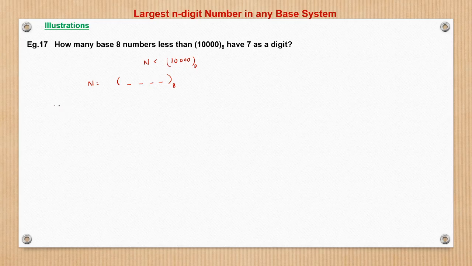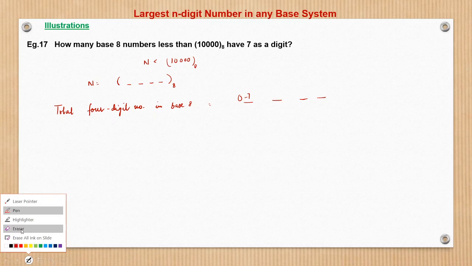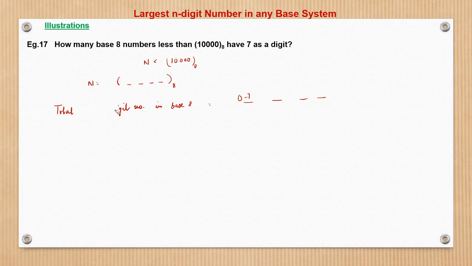So the total 4-digit numbers in base 8 would be how much? 1, 2, 3, 4 places. This place can take 0 to 7. I mean, not only 4-digit numbers; let me rephrase this as total numbers less than 10,000 in base 8.